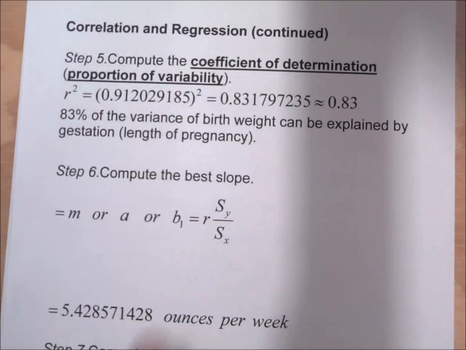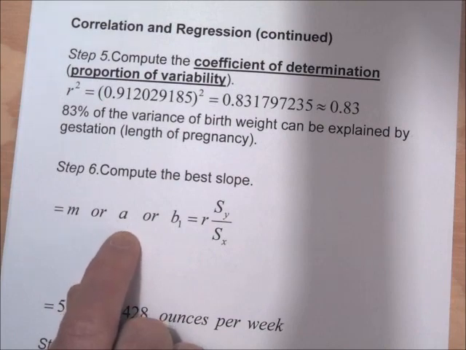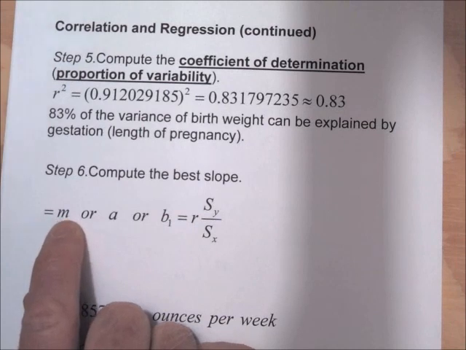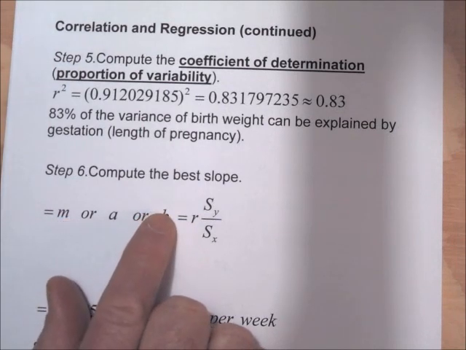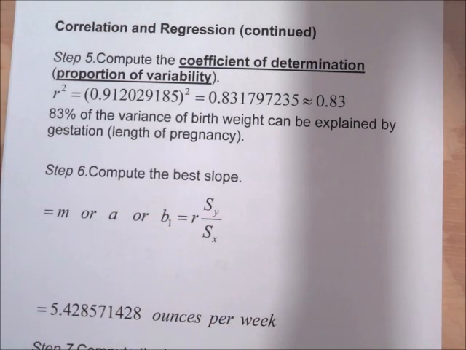Okay, so the best slope. Our calculator uses the letter A for the slope. I like the letter A for the slope. Some books use B1. Mathematicians like the letter M for the slope. If you have more than two variables, that's the reason they have a B1 for the slope.